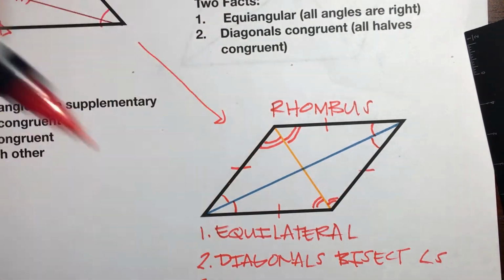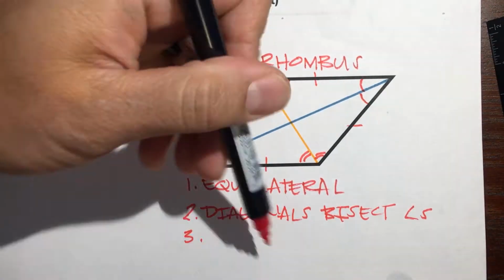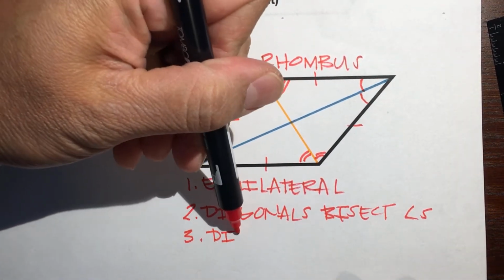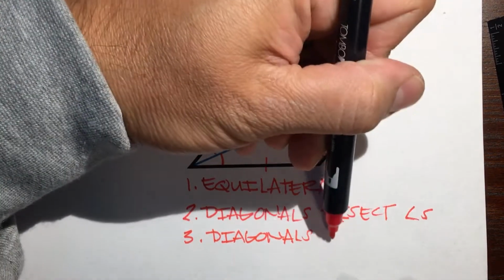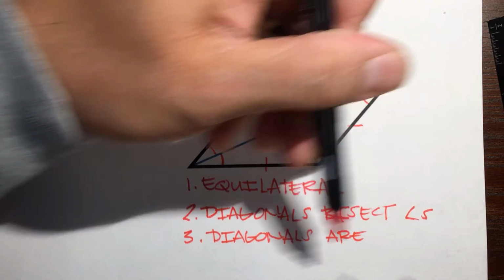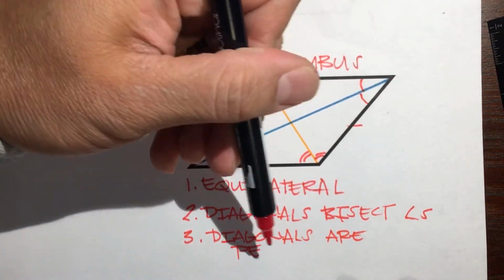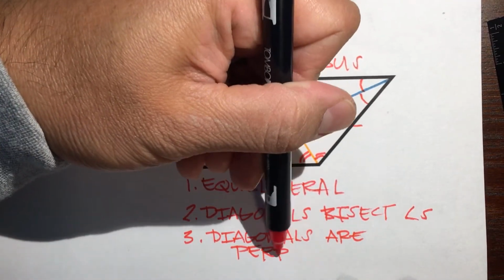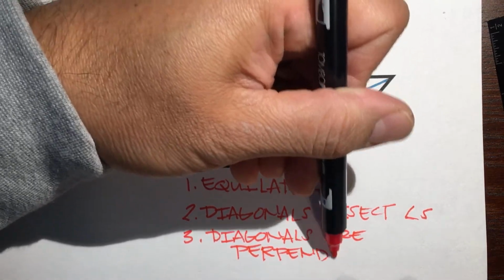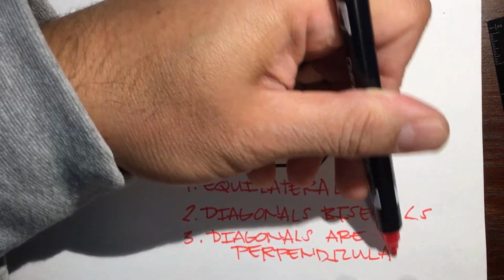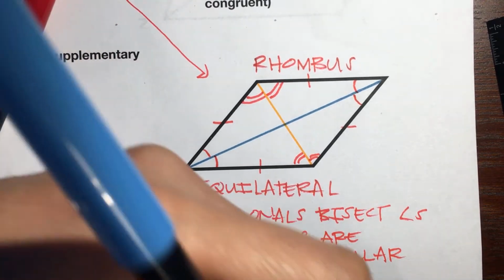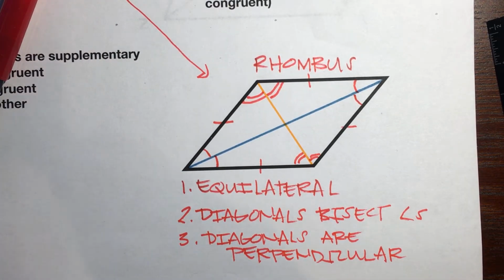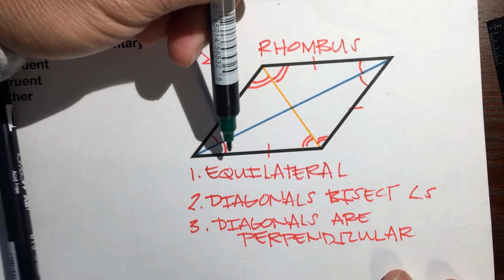And one last fact. Fact number 3 is that the diagonals are perpendicular. So these are facts about diagonals. Let's pick this green color, this diagonal.